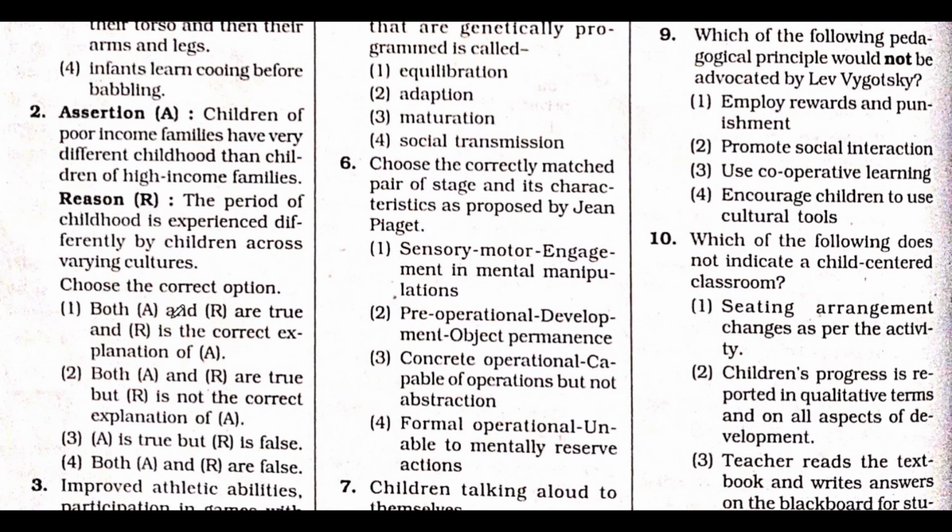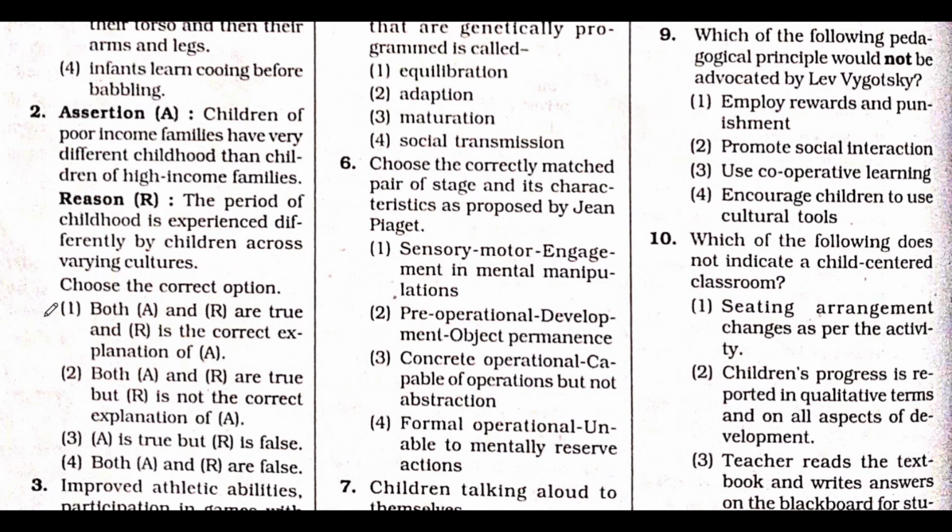Options: both A and R are true, and R is the correct explanation of A; both A and R are true, but R is not the correct explanation of A; A is true but R is false; or both A and R are false. So which one do you think is the correct answer?